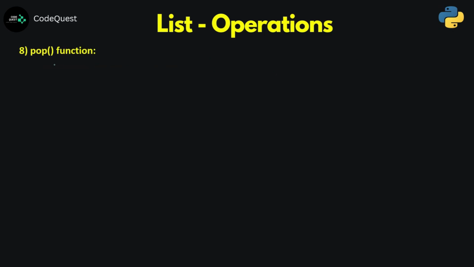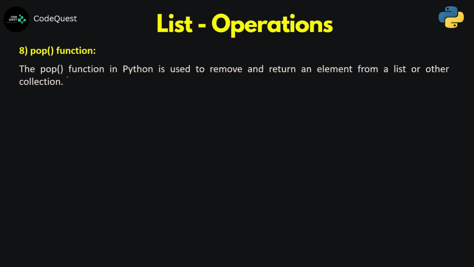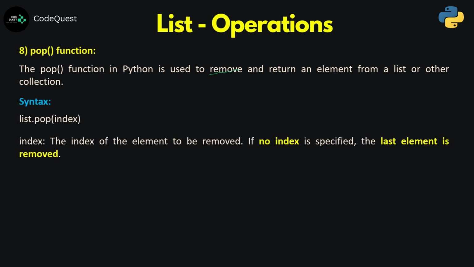Now the pop function is going to do the opposite kind of job of what remove was doing, but in a different way. One of the specialties of this pop function is that it is used to remove and return an element. Whichever element is removed or popped, that will be returned by this function. Now let us see what the syntax is.